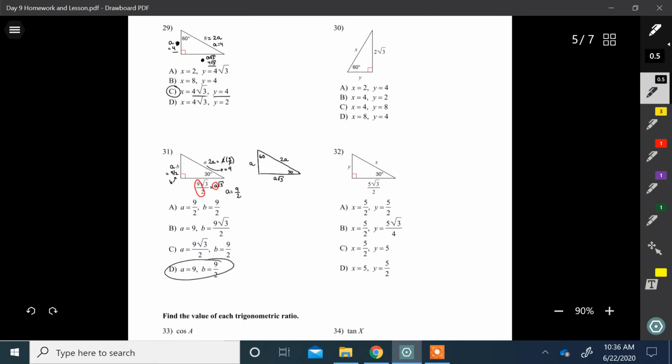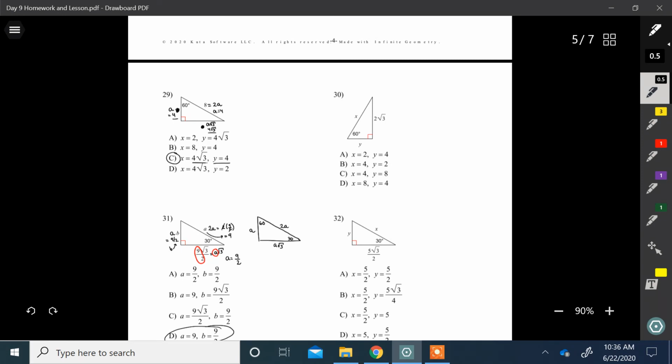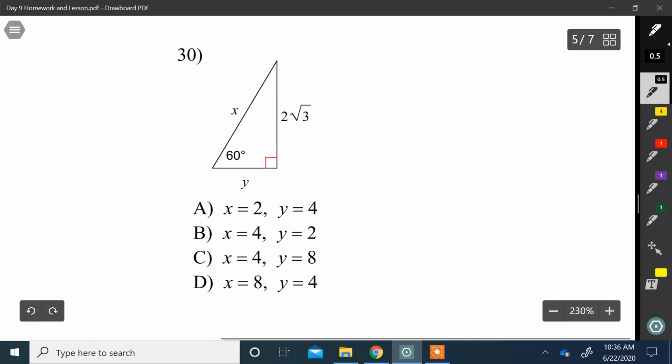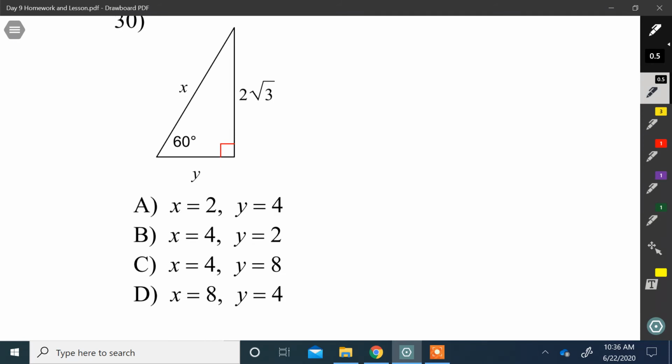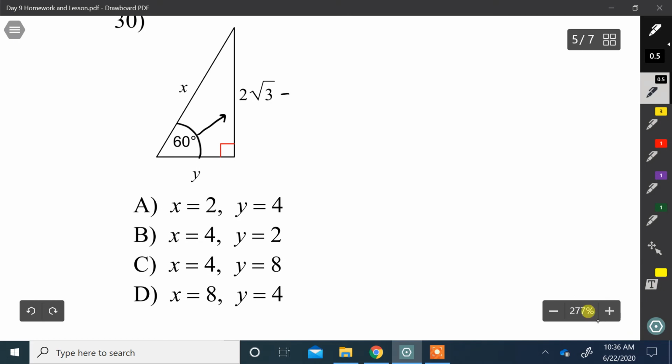I'll do number 30, just to give you one more so you can take a look. Once again, if this is 60, the one in front of the 60 is what we call A square root of 3. So that means this is 30. So this one right here will be just A, and this one right here will be 2A.